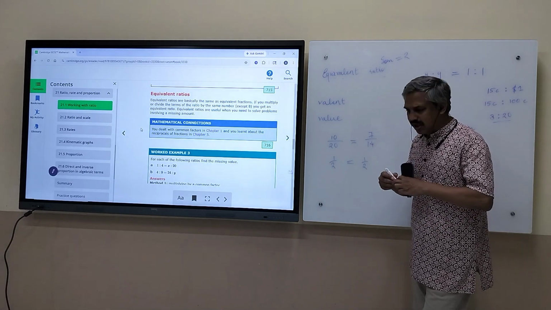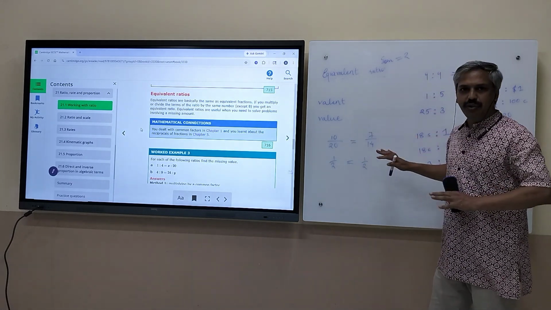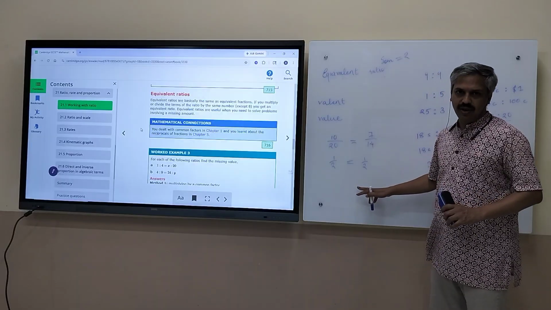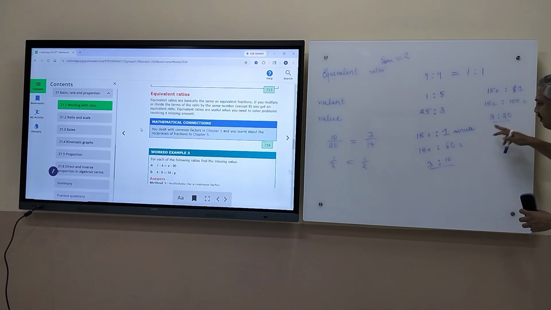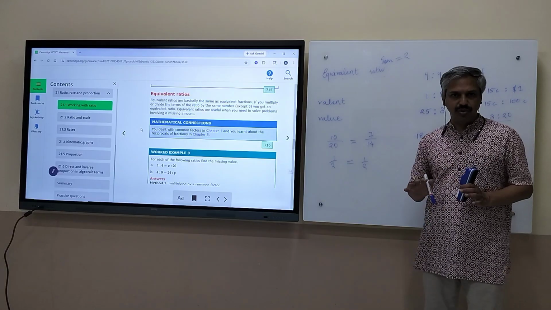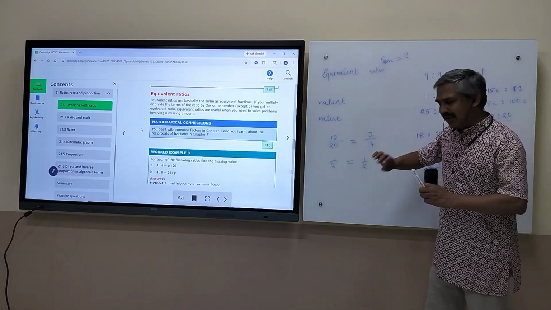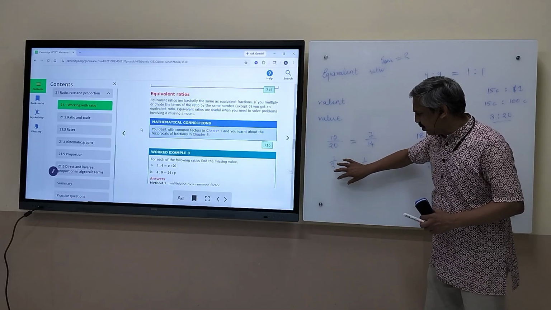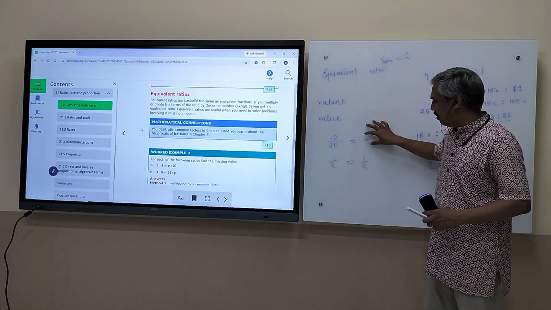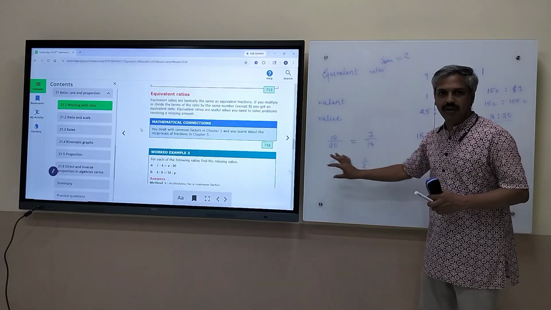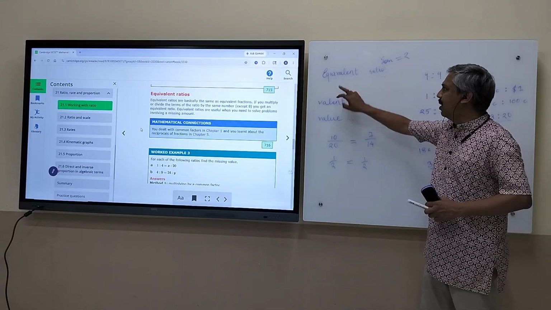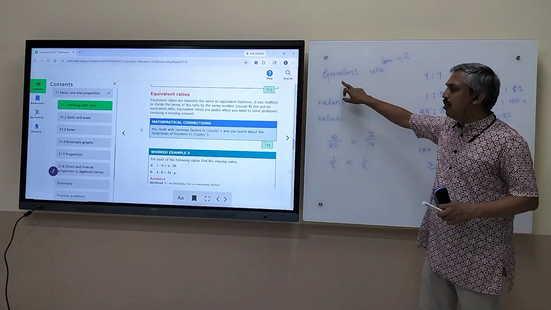If you get the same value by dividing by the common factor, and you convert it into a simple fraction by simplification, then if both have an equal simplest form, these two ratios are called equivalent ratios because their values are equal.